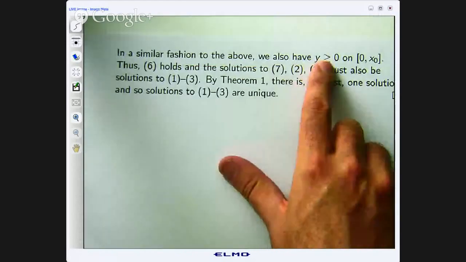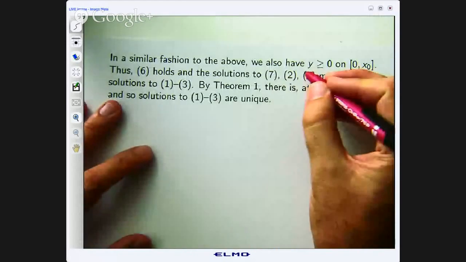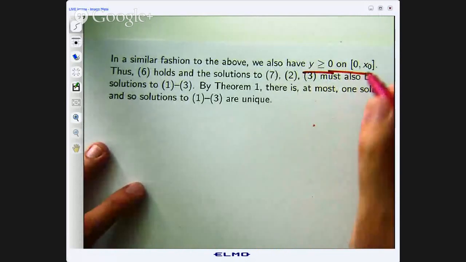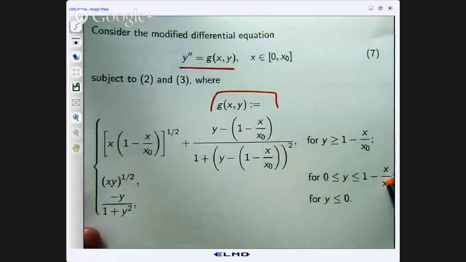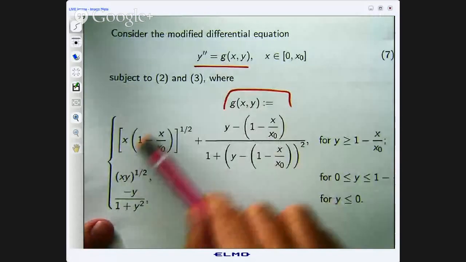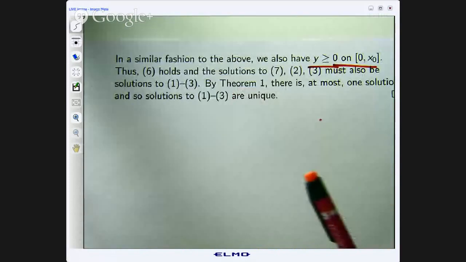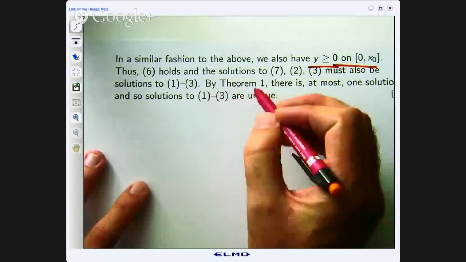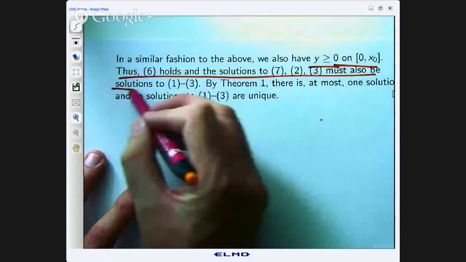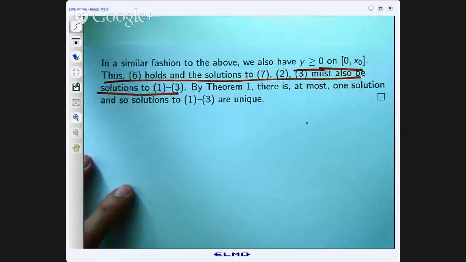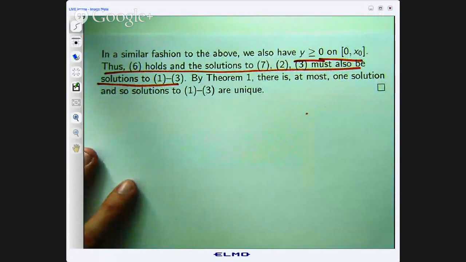So in a similar fashion, you can show that y is greater than or equal to 0 on this whole interval. And what that means is that solutions to the problem satisfy this, and G and F are identical here. So there must be at least one solution to the unmodified problem.